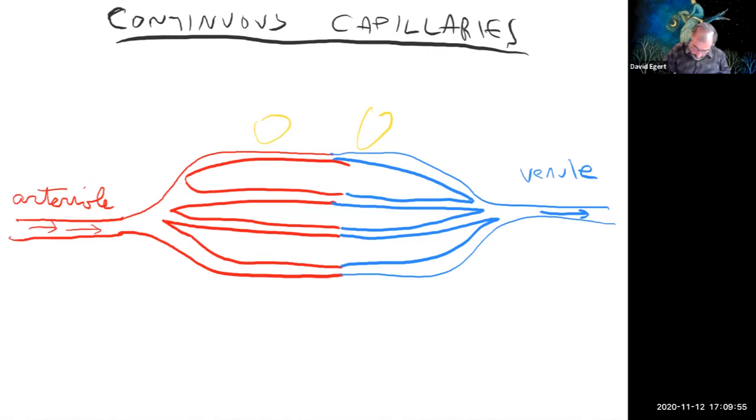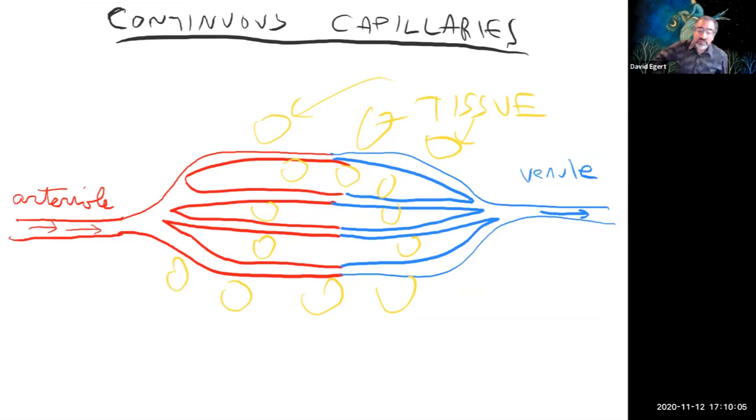You know, here's my cells. This is my tissue. So this is where the blood's coming in, the oxygen can diffuse out, the nutrients. A few things we need to add in here.